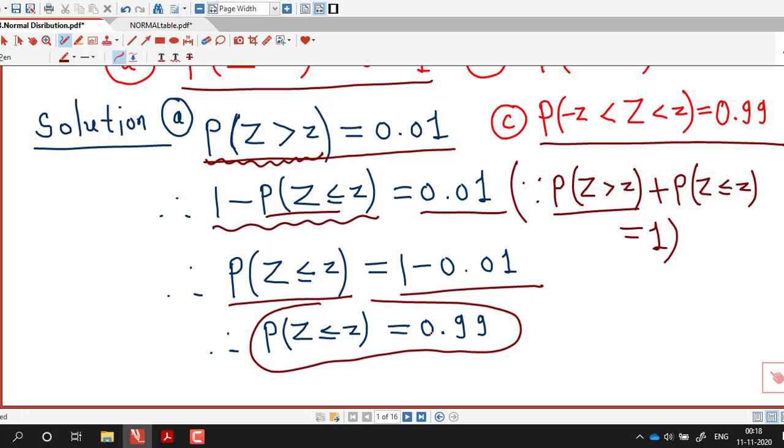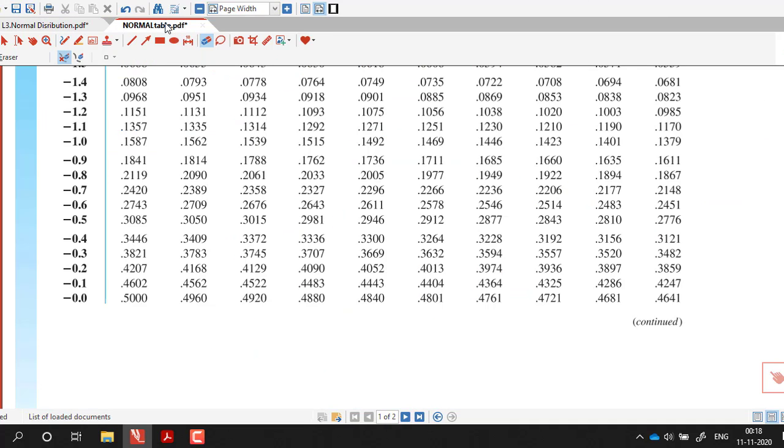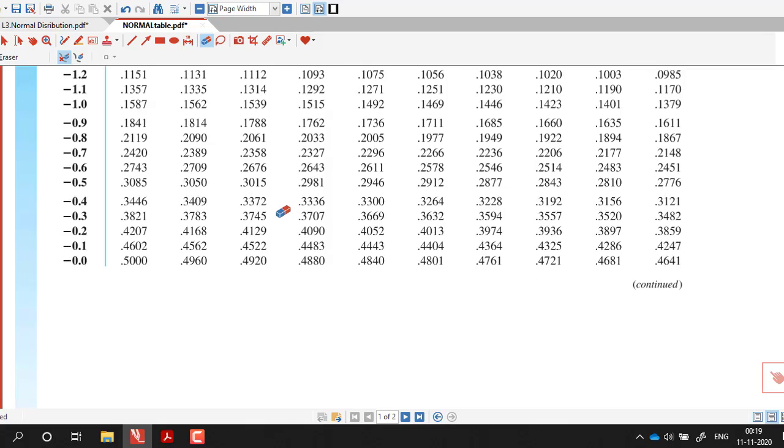So now we will find this z using the standard normal table. In the standard normal table we will look for 0.99, or for the value of probability which is very close to 0.99. Let us try to find the value in the standard normal table closest to 0.99.